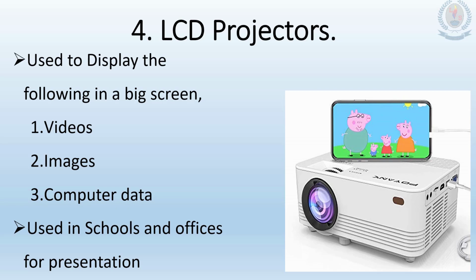Used in schools and offices, these are mainly used in presentations. If there is a big crowd and a presentation to show to the crowd, then we have to use an LCD projector.